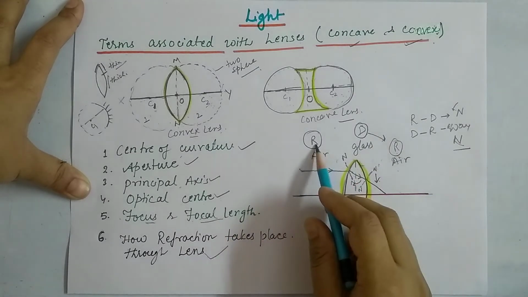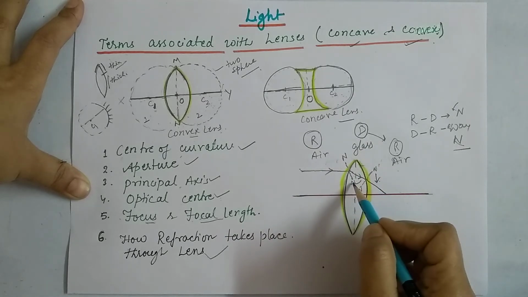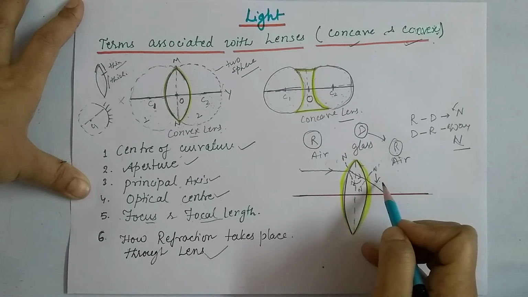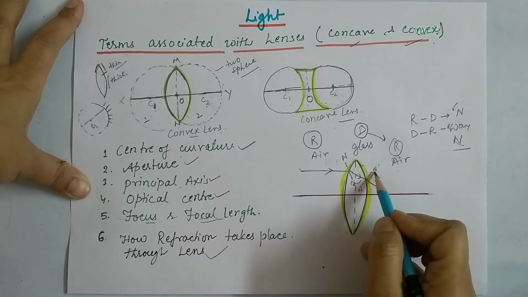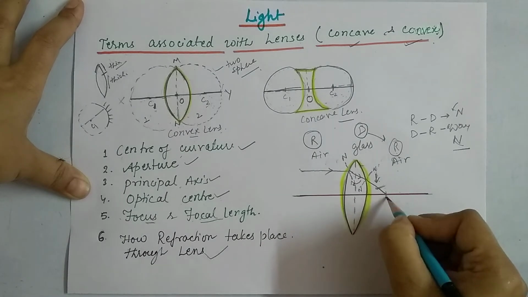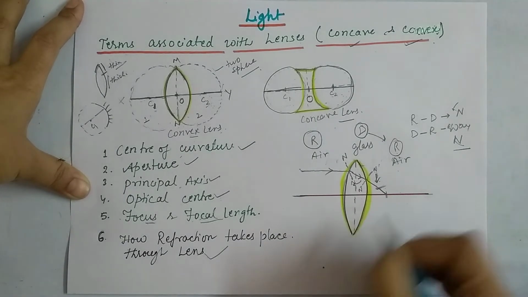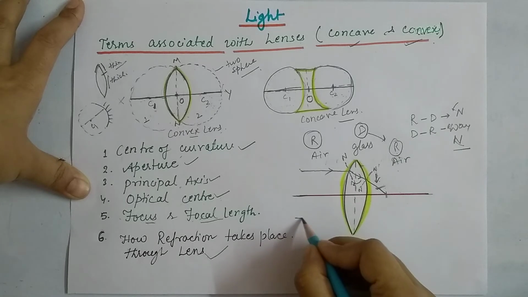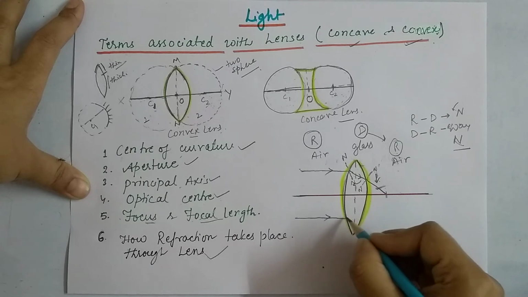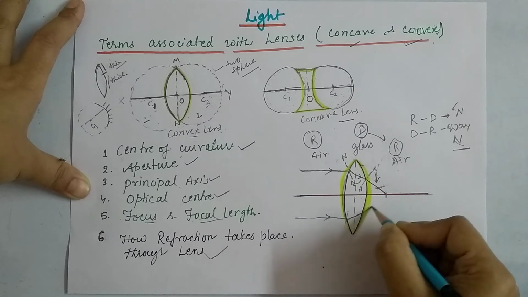When it moves from rarer to denser medium, it moves towards the normal, and again when it goes out from glass to air, meaning denser medium to rarer medium, it moves away from the normal. You are able to see that this light ray is very far from the normal. Again we will take one more light ray, put a normal here, and it will move and join.